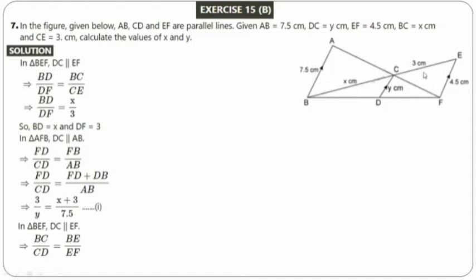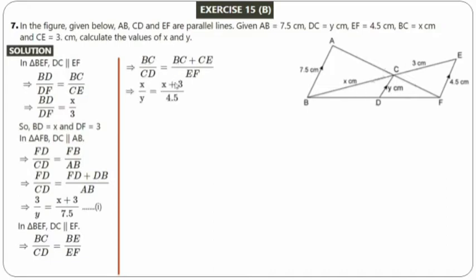So if they are similar, then BC by CD must be equal to BE by EF. That's what is written. Now what is BE? BE can be written as BC plus CE. Now let's put the values. BC is X, and CD is Y, so it is X by Y here.